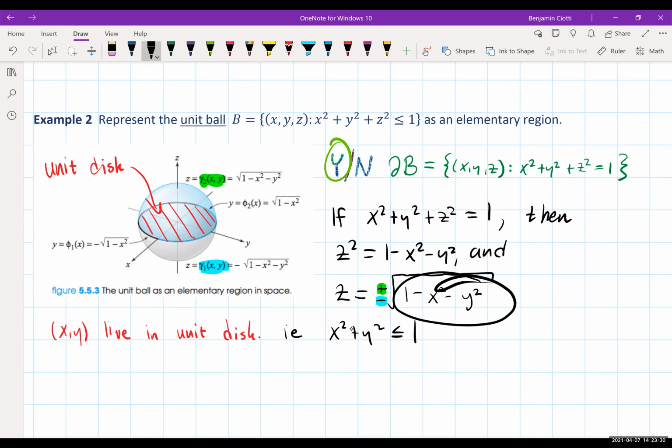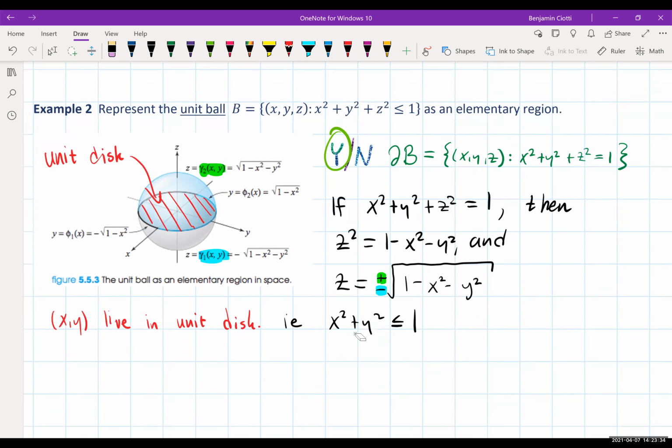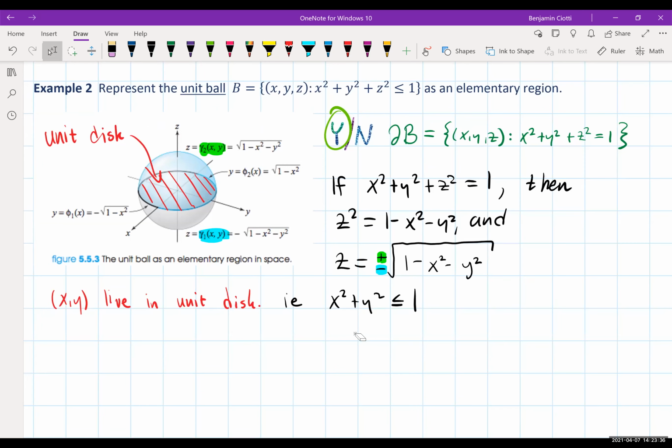You can see this equation doesn't even make sense unless x squared plus y squared is less than or equal to 1. So I've already done the unit disk as an elementary region. I don't think I need to redo it here now.